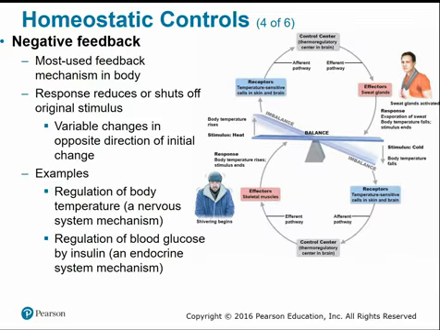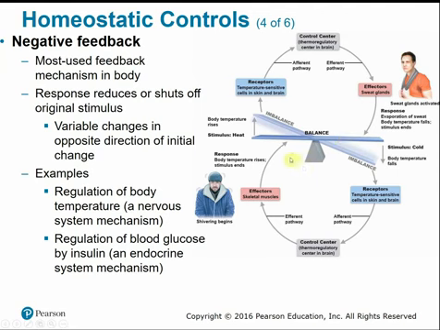Well, the brain is going to tell our effectors, in this case the sweat glands, to start producing sweat. When you sweat, the water in the sweat absorbs the excess heat, and as it evaporates off your skin, it carries the heat away with it and helps cool you down. So we lower body temperature back down to original homeostatic levels.